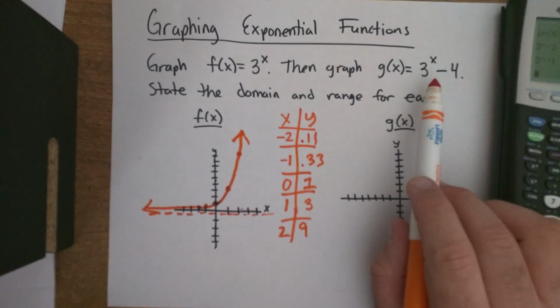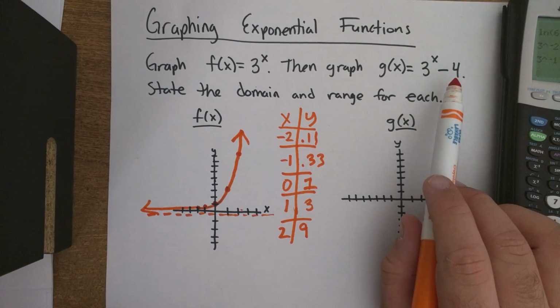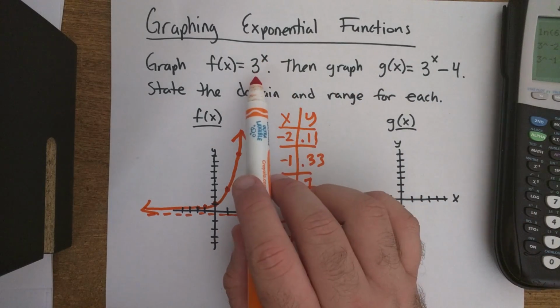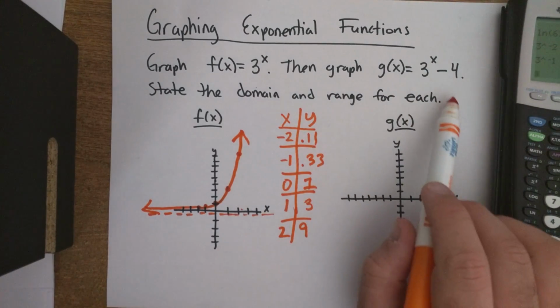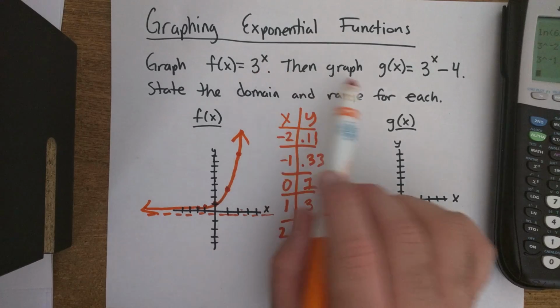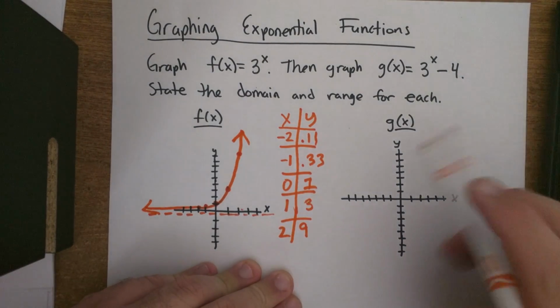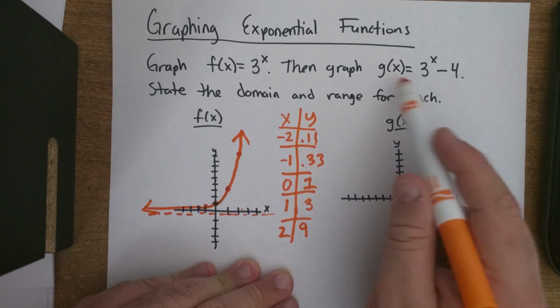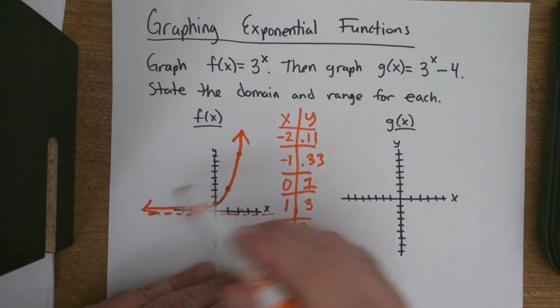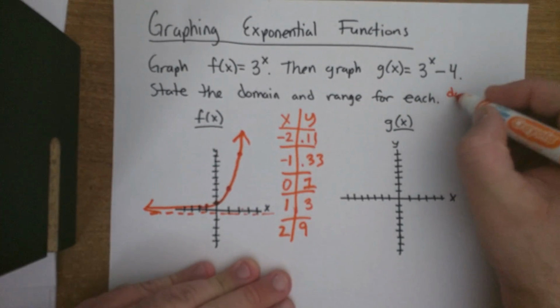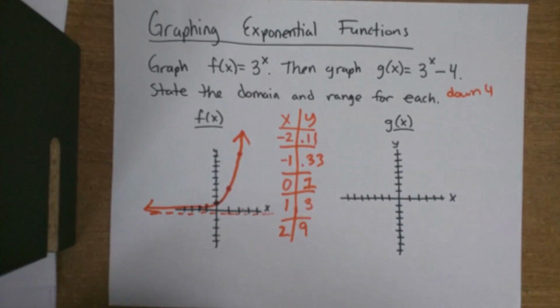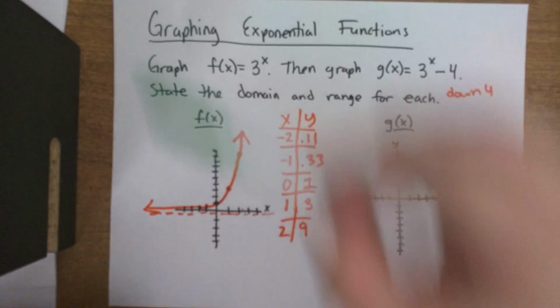And when you look at g of x, we have 3 to the power of x minus 4. Well, that's this function, just with a minus 4 at the end of it, right? They both have 3 to the power of x, but there's a minus 4. What that means is this function g of x is just this function shifted down 4. I'm going to switch to a different color here.